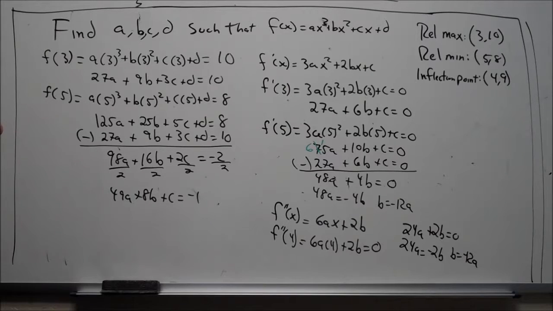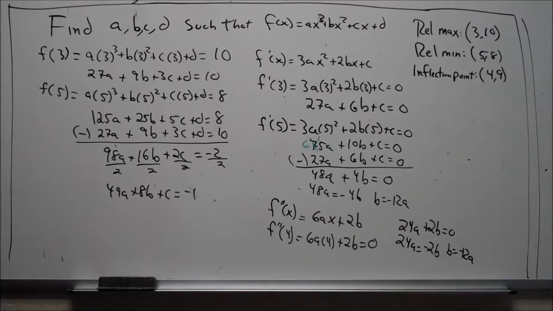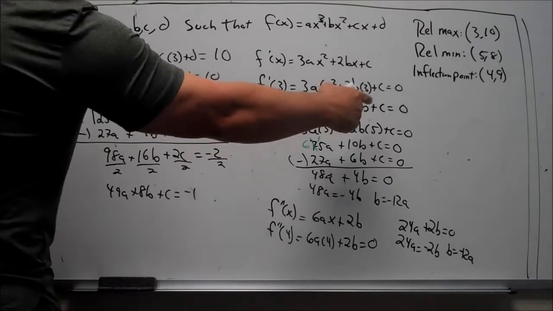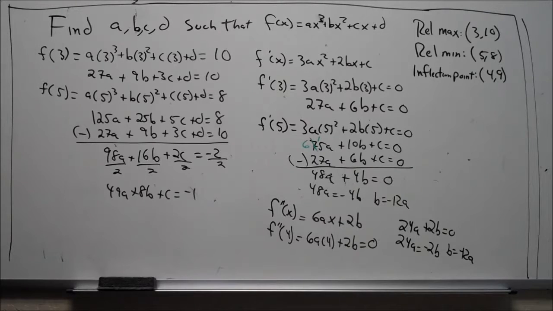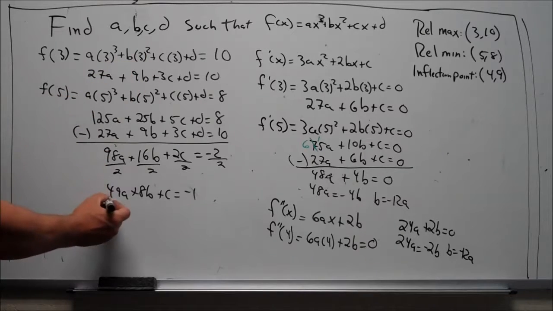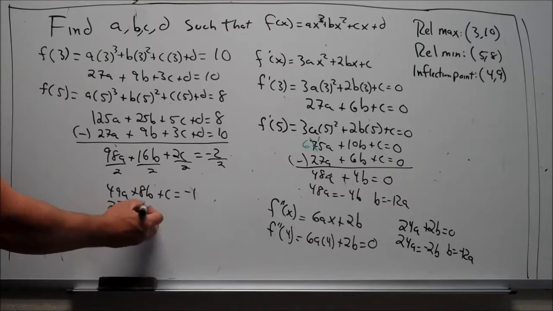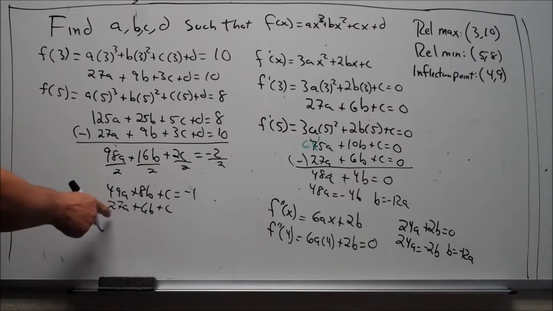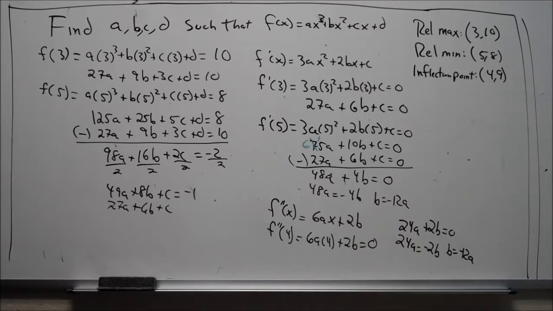Let's keep going with this and see what else we can eliminate here. What else we can do is to look at this one here and apply this one with one of these over here. That gets rid of the c as well and gives us an a and b relationship. So hopefully we don't end up with the same thing, that b is negative 12a. Let's find out. I'm just going to go with that 27a plus 6b plus c. How about the other one? 75 and 10.